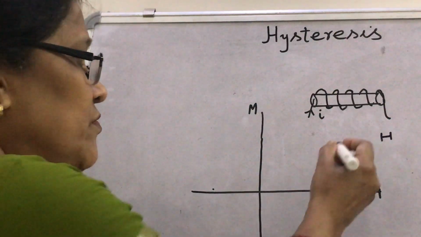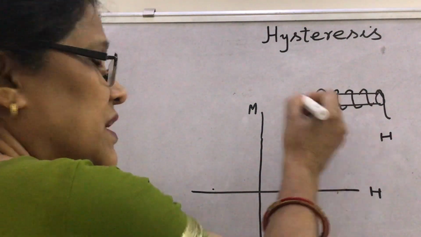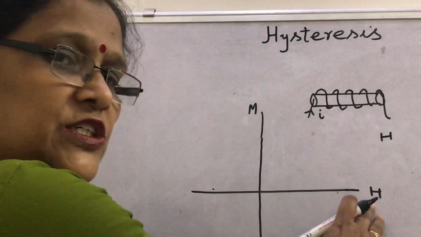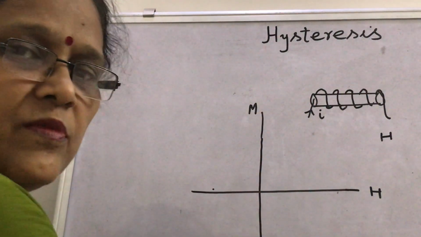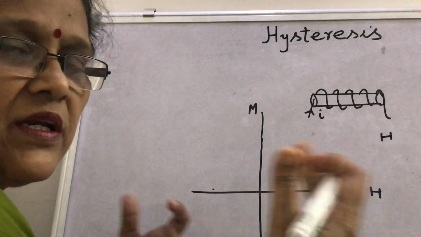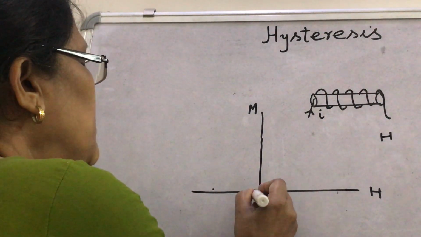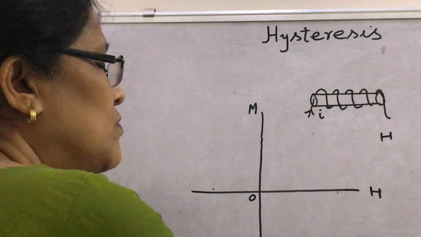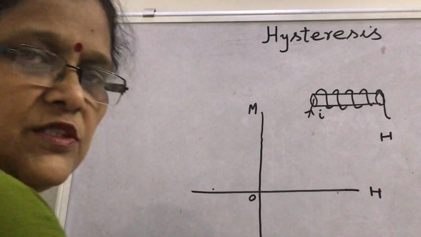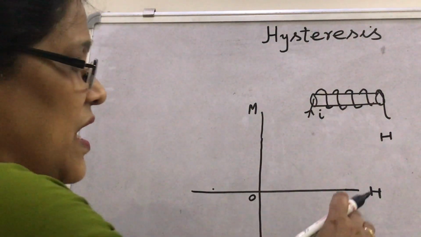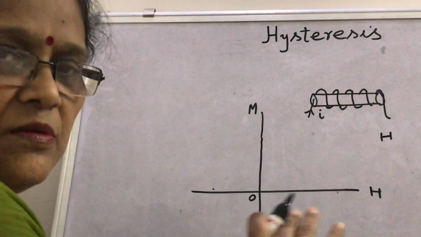In the beginning, when the current I in the coil is 0, there is no H, no M, no magnetizing field, no magnetization in the rod. So, at the point O, everything is 0. When the current begins to flow, then H is present.